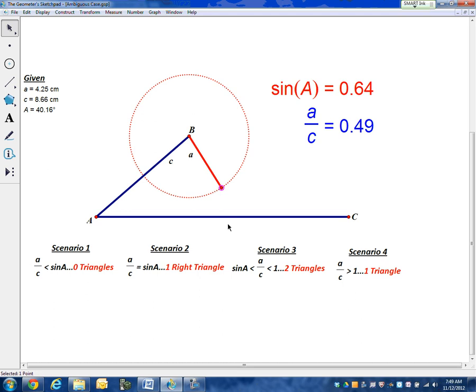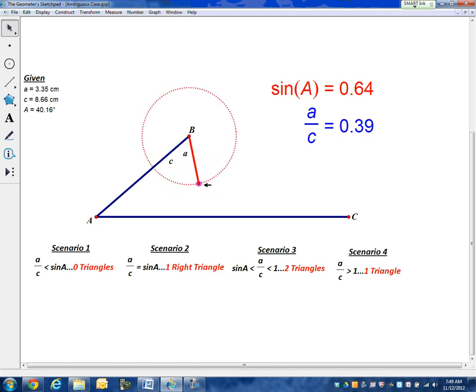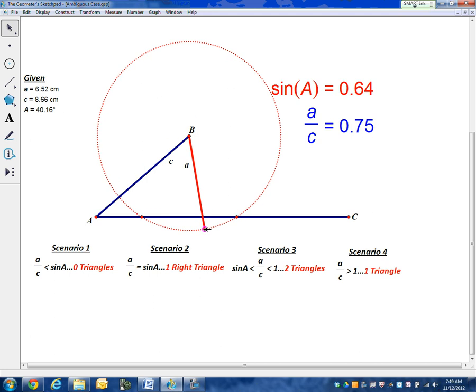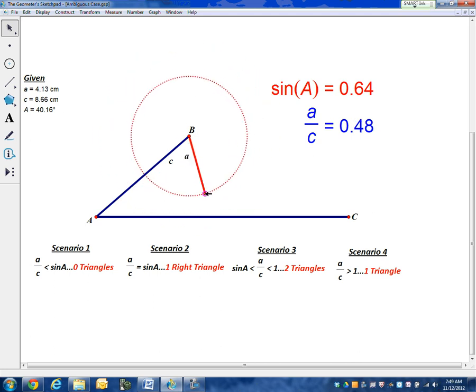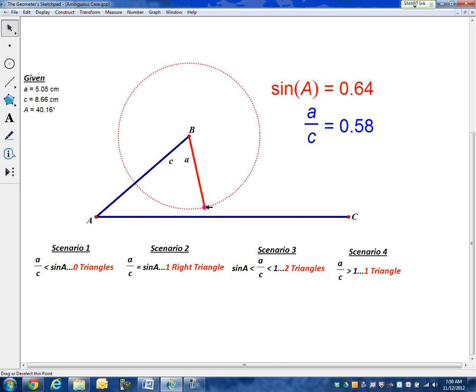So the first one I want to take a look at is if we have a small leg. If I were to start adjusting this red leg here, but I'm keeping it smaller, a kind of short leg, notice how if I put it right here, that's not a triangle. It's not big enough. Or if I bring it down here, still it's not big enough.